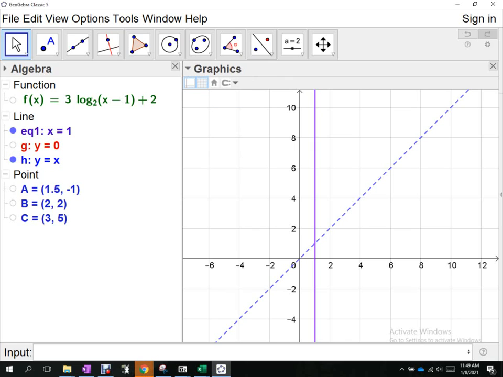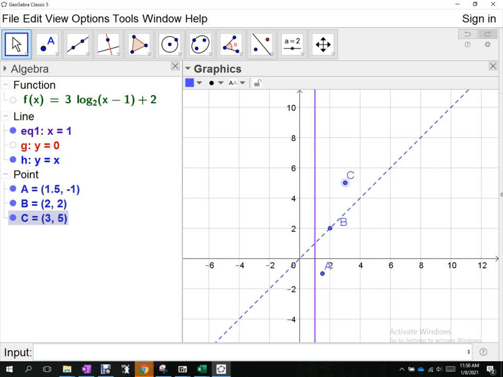But if I plot those points, 3 halves, -1 was one of them. 3 halves, -1. We had one that was 2, 2, and we had one that was 3, 5. What did the R stand for? The R, HSRD. Reflections. So I plot those points. Okay?